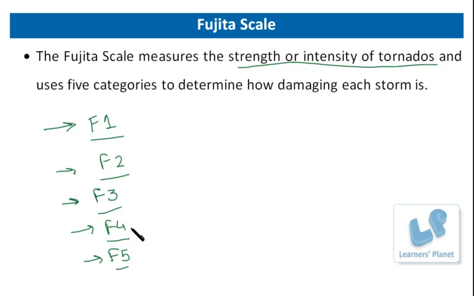So there is a designation for F6, but it is considered to be inconceivable. Means with the winds reaching over 319 miles per hour or about 510 kilometers per hour.